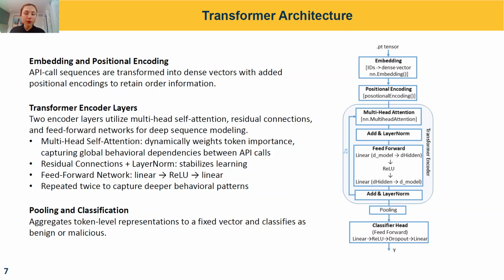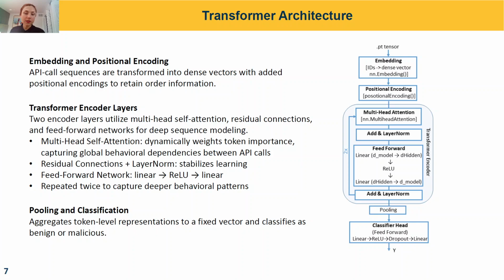During the transformer phase, API tokens are converted into dense vectors. Positional encodings are added so the model can understand order. There are two transformer encoder layers. Each layer includes multi-head self-attention, residual connections, layer normalization, and feed-forward networks.